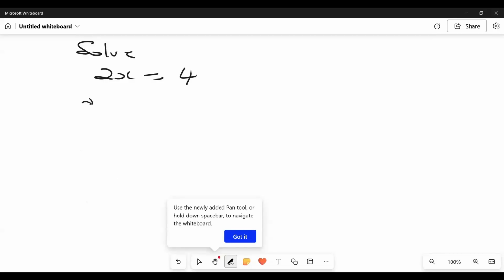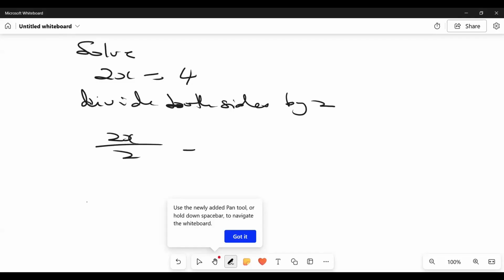So you have 2x over 2 equal to 4 over 2, cancel this, cancel that, you end up with x equal to 2. Very easy, huh? Following so far?